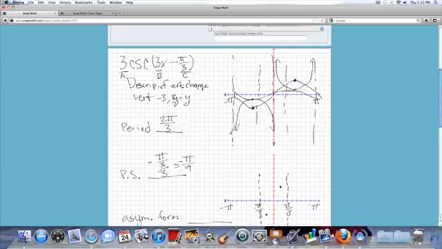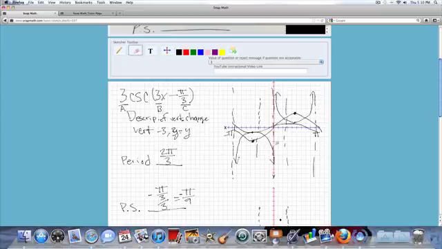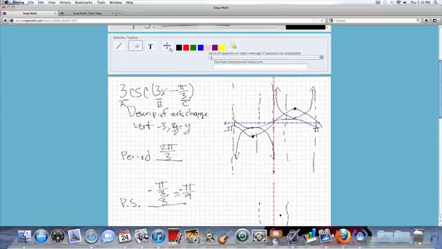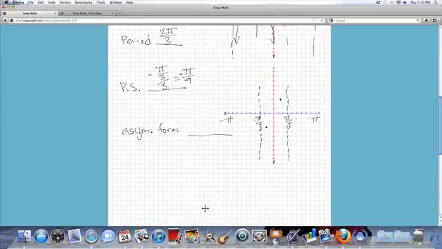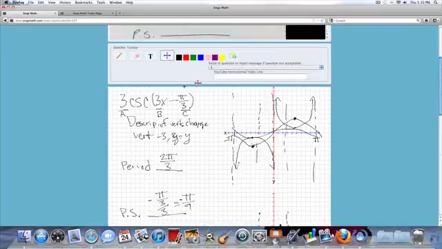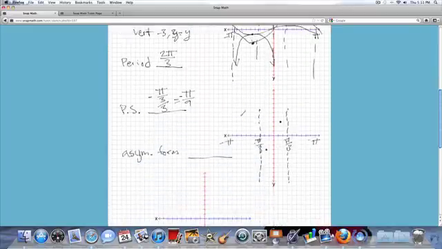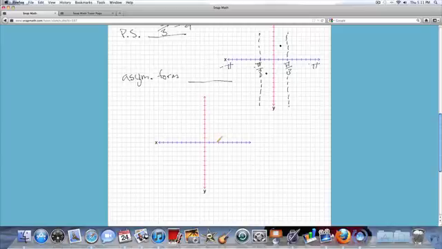So I'm going to draw a whole new graph where we shift our vertices. They were at pi over 3, but now it's going to be 2 pi over 9.